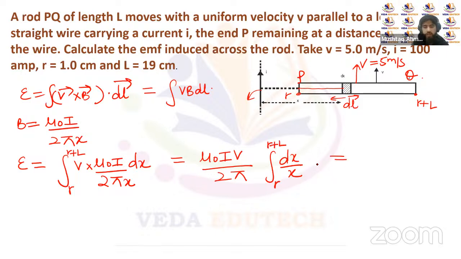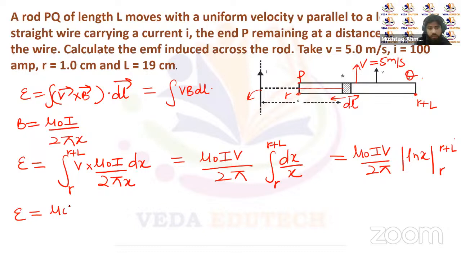And the integration of 1 over x with respect to x is log of x. So we can write it as mu naught I V upon 2 pi, log of x with limits R to R plus L. So the EMF induced here will be mu naught I V upon 2 pi, ln of mod of R plus L upon R. So this will be the EMF induced across the two ends of a conductor.